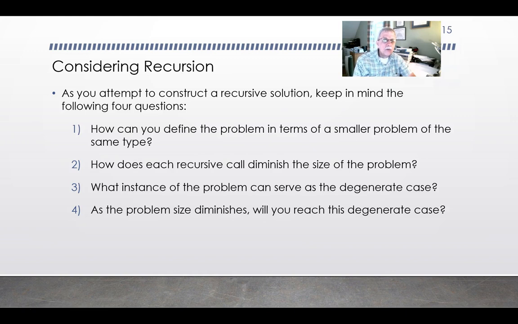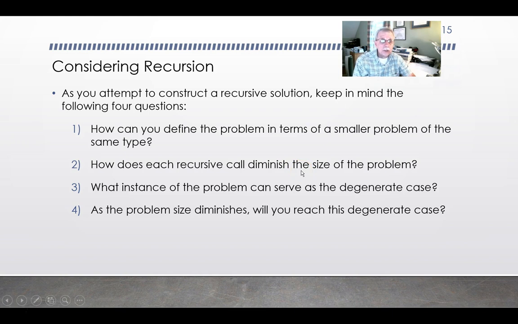Now, when you consider a recursive solution to a problem, there are 4 questions to keep in mind. 1, how can you define the problem in terms of a smaller problem of the same type? That is, how can you define T prime in terms of T? You want to do the same thing, but it's going to be on a reduced problem space. How does each recursive call diminish the size of the problem?